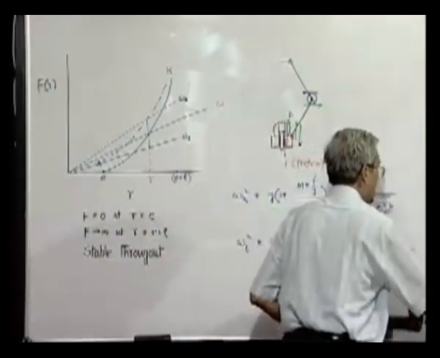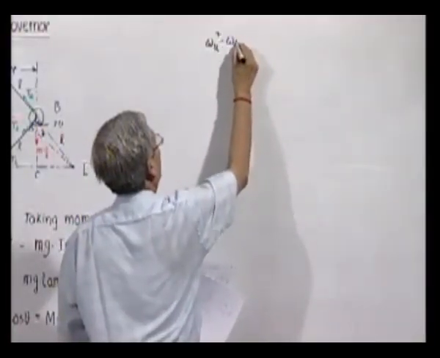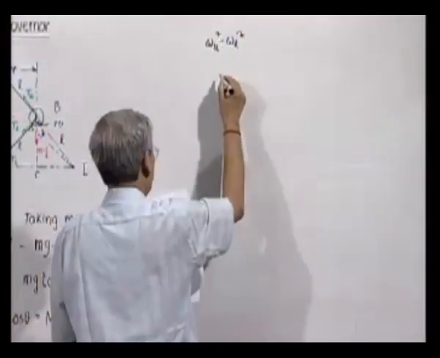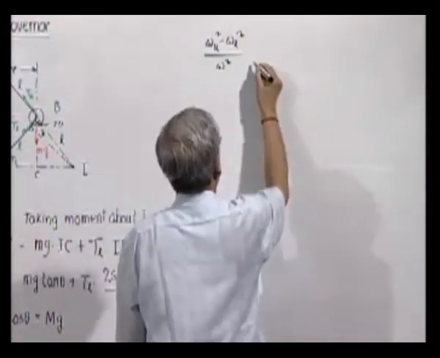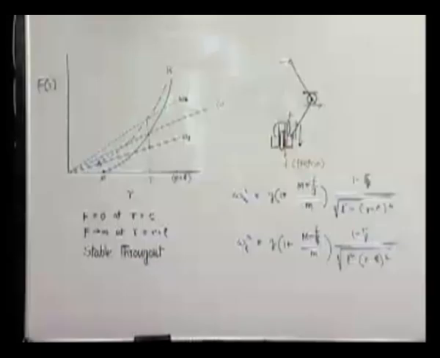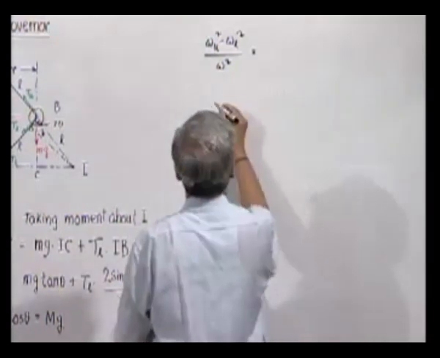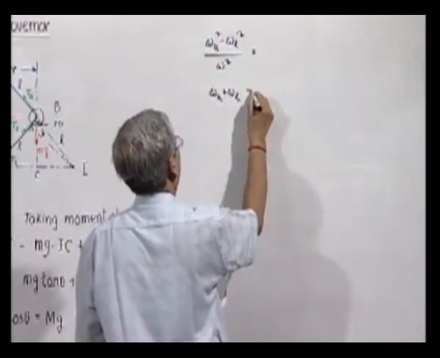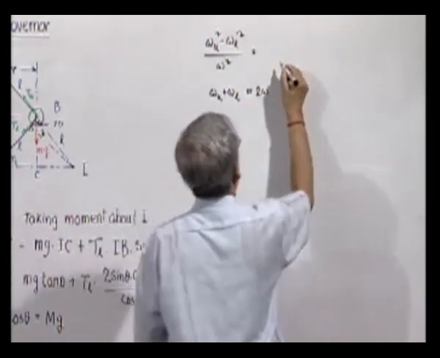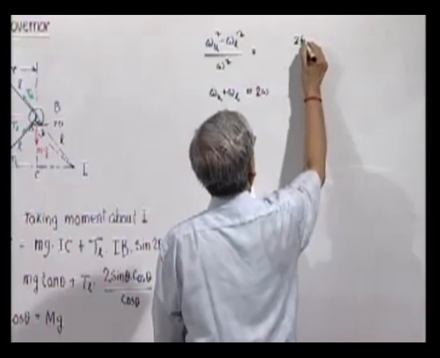we can find out the insensitivity, omega u square minus omega L square, by omega square. Now if we subtract that and then divide by omega, where omega is the mean speed, you will get, this will be simply 2f.